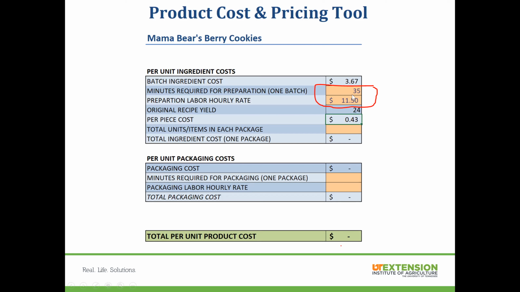So once we factor that in, now our per piece cost, or our per cookie cost, is 43 cents a cookie. We've got our ingredients cost of $3.67, and then we've got 35 minutes of time at $11.50 an hour. So now our per piece cost has increased to 43 cents per cookie. Any questions so far?